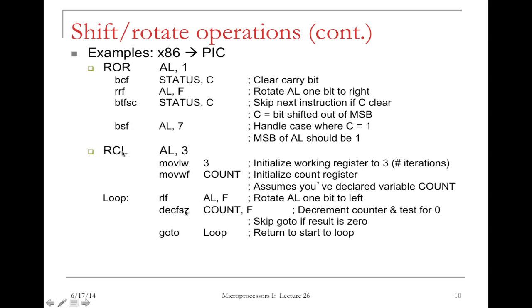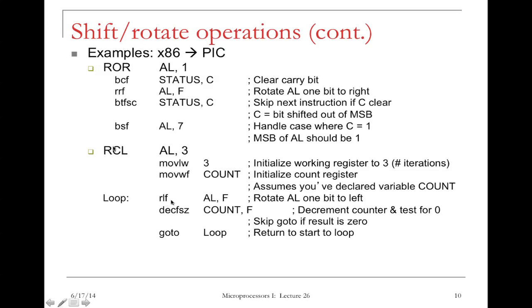So for this case, how many times will this RLF be executed? 3 times. Because first time, when we get here, this count is 3. So we will do the RLF first time, and after that, we do decrement, count becomes 2.